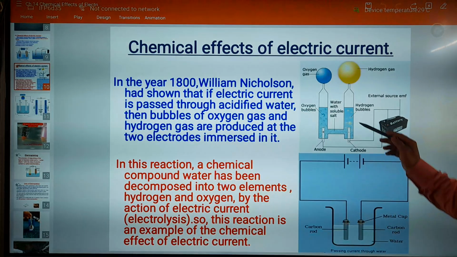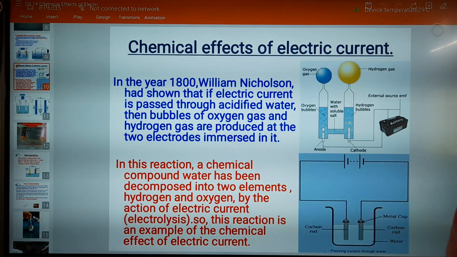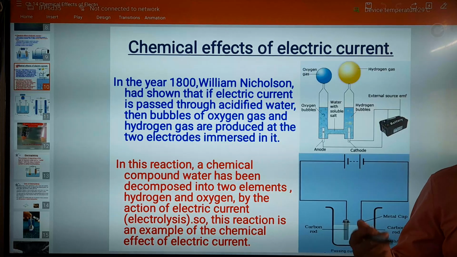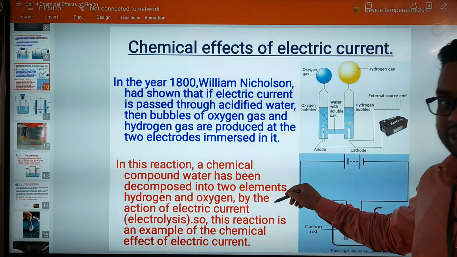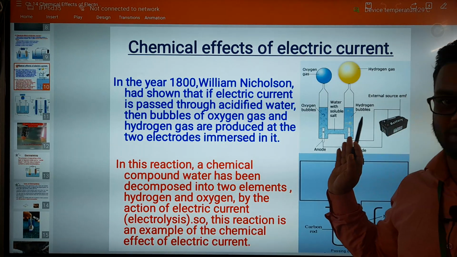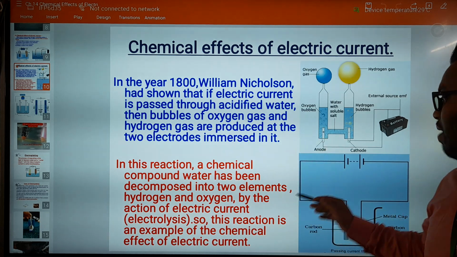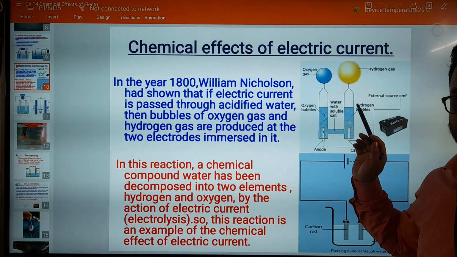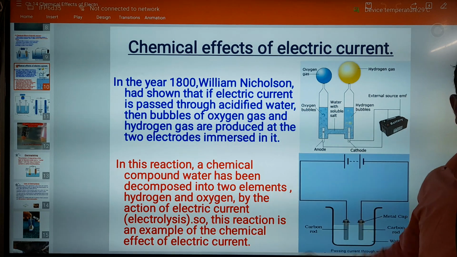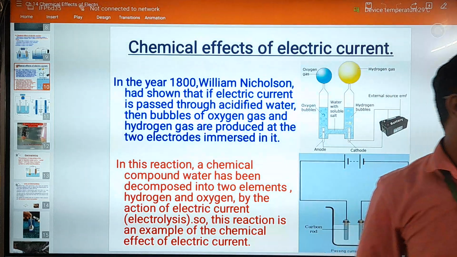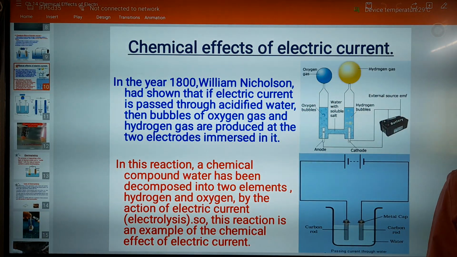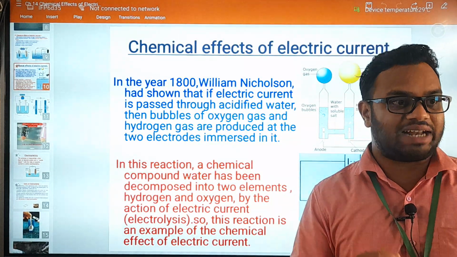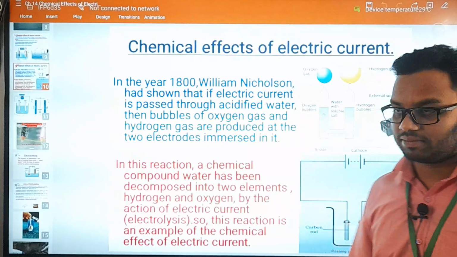Here the water will decompose and break into its constituents like hydrogen and oxygen. Any doubt? The water goes through a decomposition reaction here. No doubt? Then we will move to the assignment book question answers.